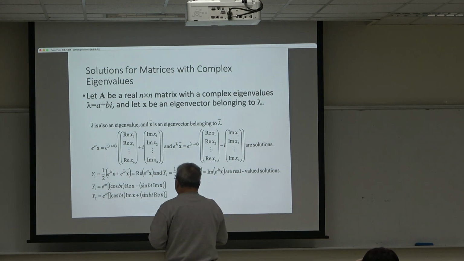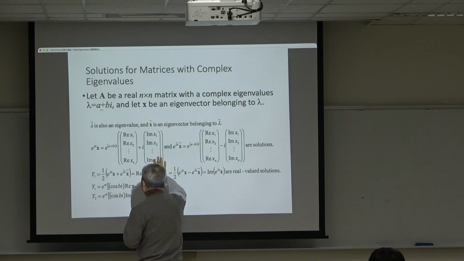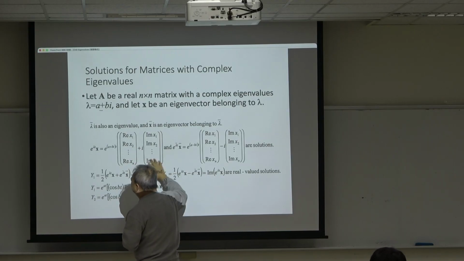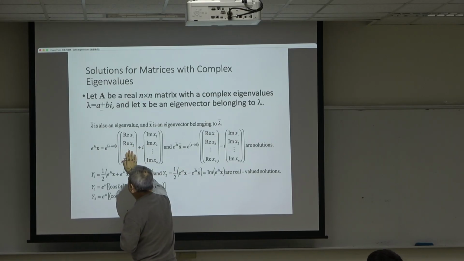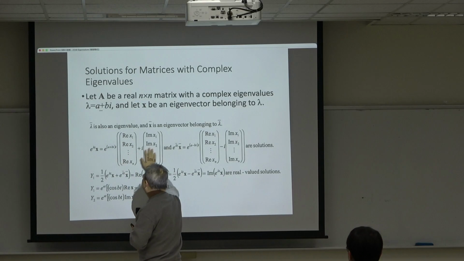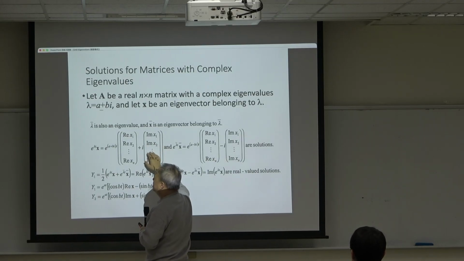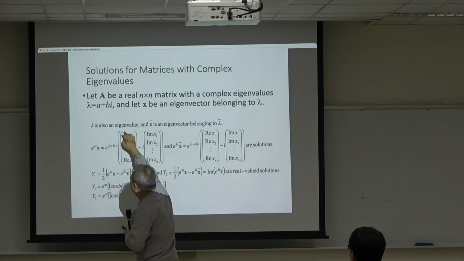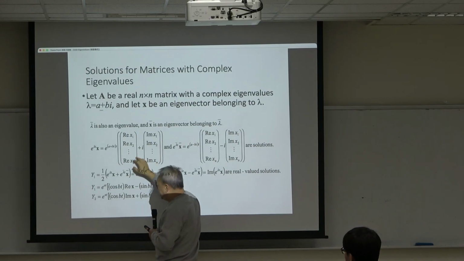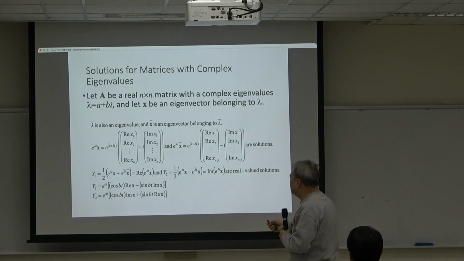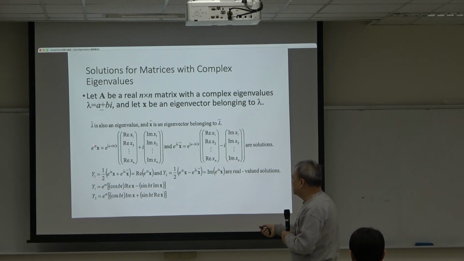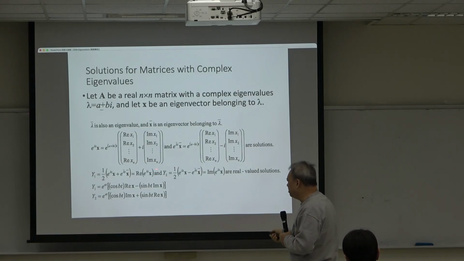Now the vector x, we break it into two parts. The first part is the real part, the second part is the imaginary part, and this whole thing represents x. If you consider lambda equal to a plus bi with the corresponding x, it will be like this.